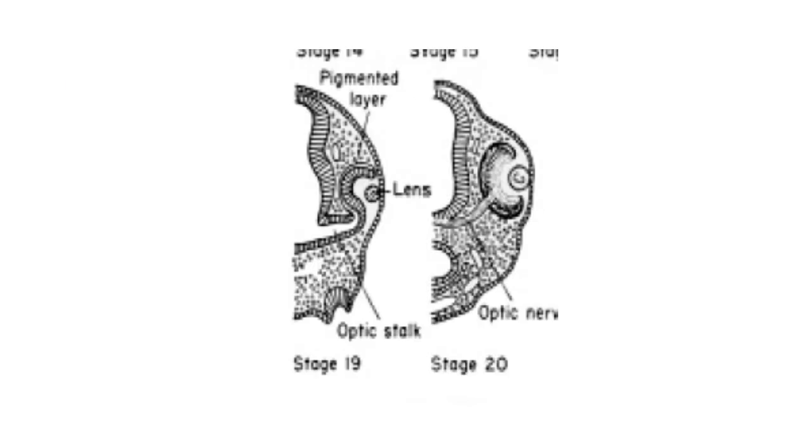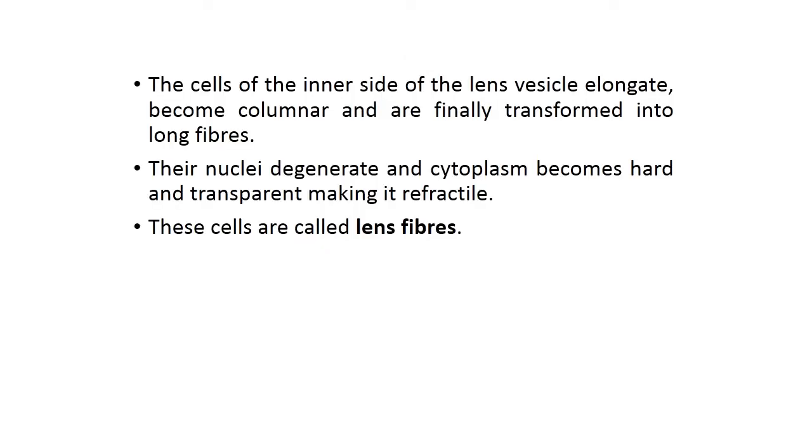So this is the optic cup. You have the pupil region and the lens fits into this region, and you have the iris. The cells of the inner side of the lens vesicle elongate, become columnar and are finally transformed into long fibers.